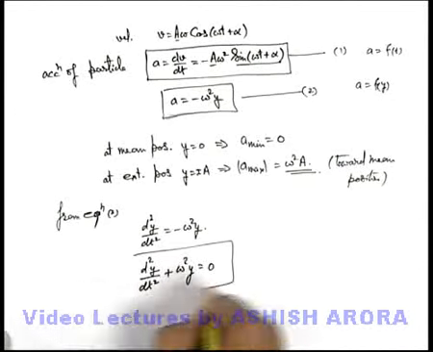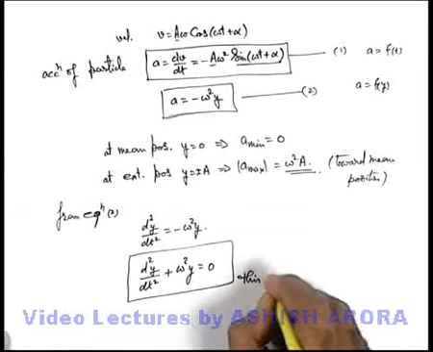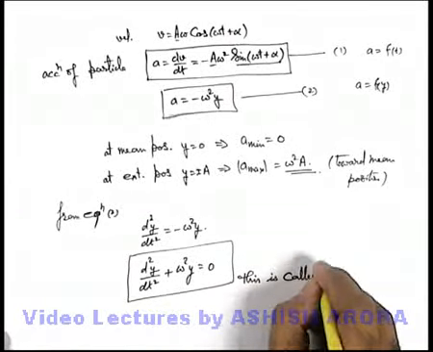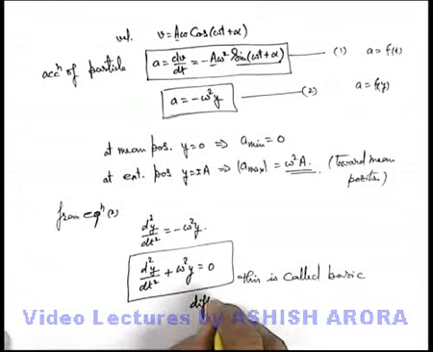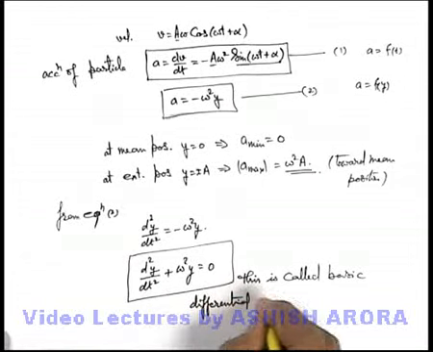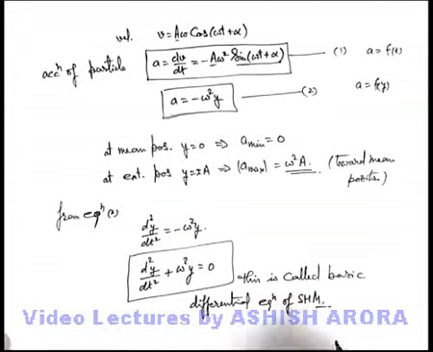Now there's another expression which is quite useful, and this is called the basic differential equation of SHM. Whenever a particle executes SHM, its displacement as a function of time follows this expression, which is called the basic differential equation of SHM.